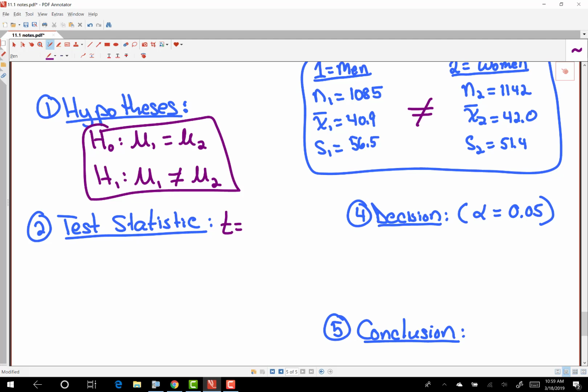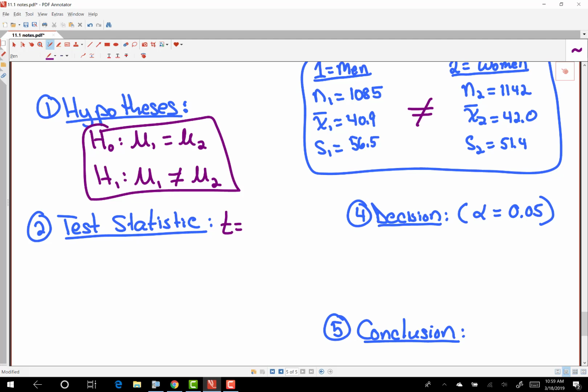So X bar 1 was 40.9, S1 was 56.5, and N1 was 1,085. X bar 2 is 42.0, S2 is 51.4, and N2 was 1142. And then we want to keep it at not equal.